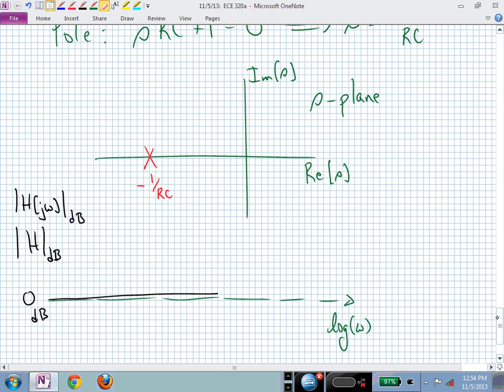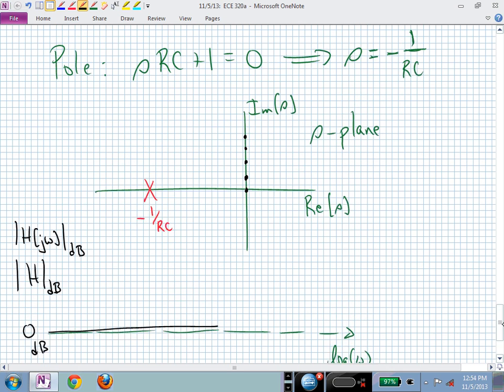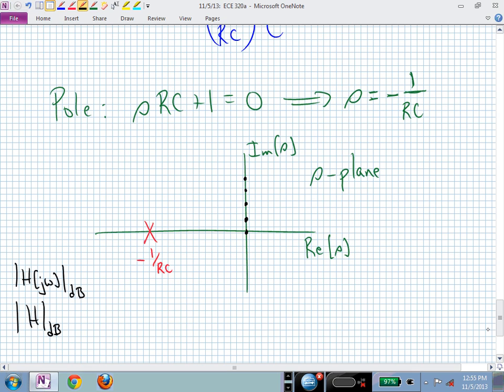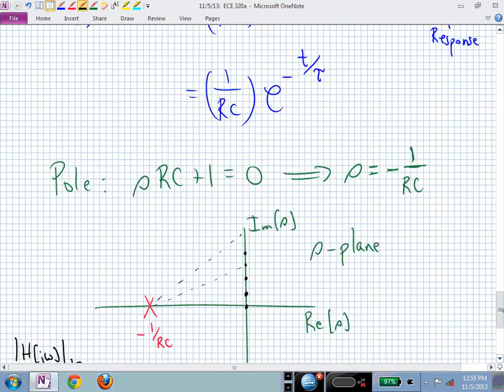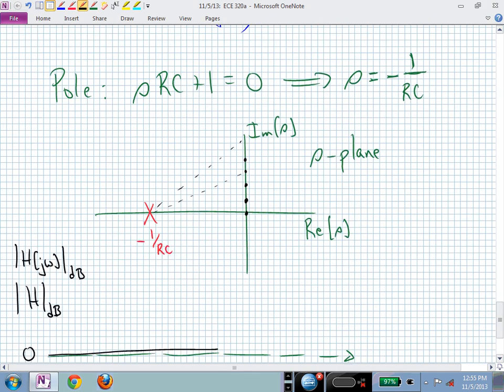Then what happens? Well, as we march up this j omega axis, we are really dividing 1 over RC by this line that gets longer and longer.